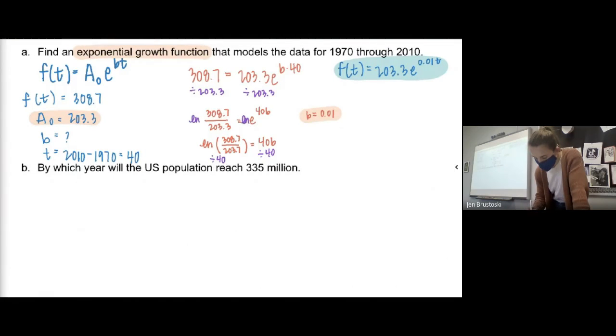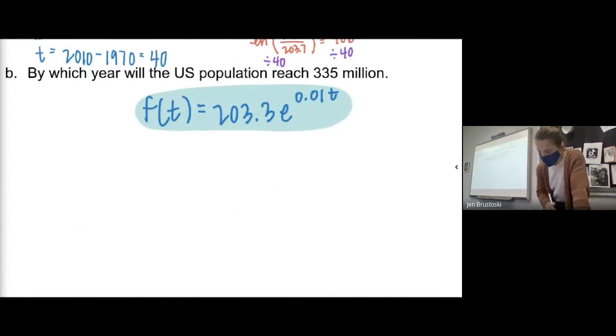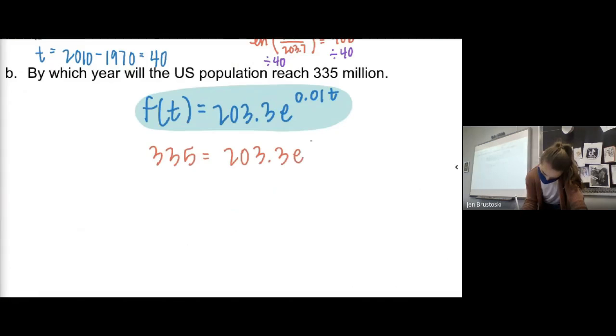We can use this equation right here to determine when that population is going to be 335 million by plugging that in for f of t and solving for t. So go ahead and solve for t. We'll come back to it in just a second.